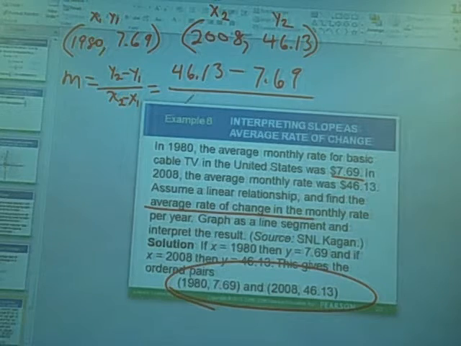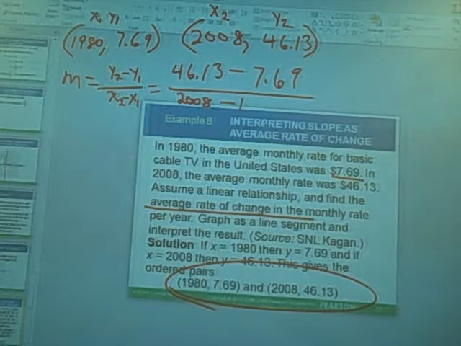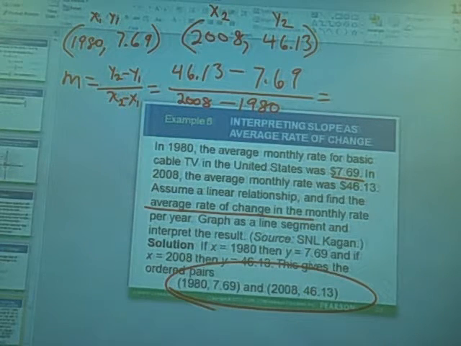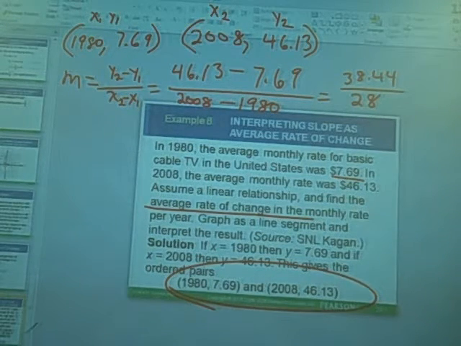It'd be 2008 minus 1980, right. So basically 46.13 minus 7.69 is 38.44 over 28. Okay?